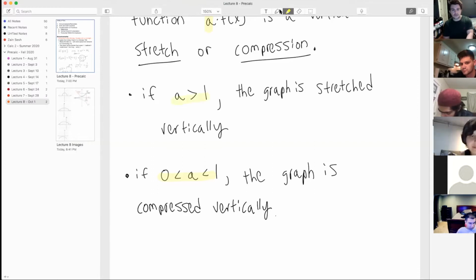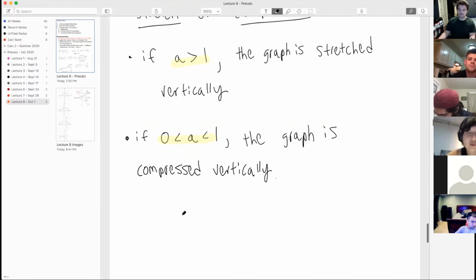If a is 1, then it's like nothing. You're saying if a is 1, you just get the function f of x itself? Yeah. Or if it's, no wait, negative 1, that's just a reflection.